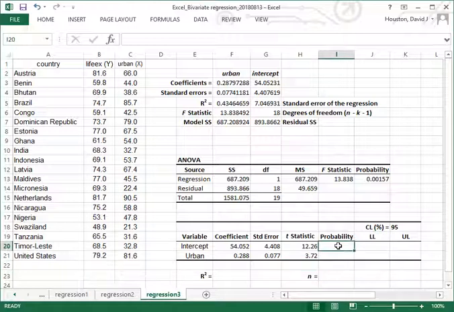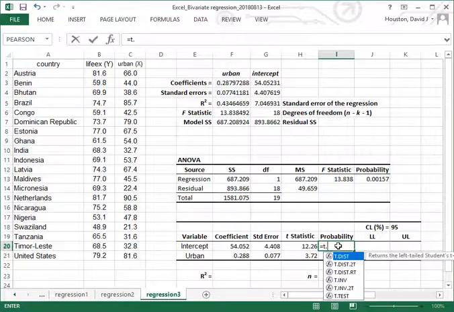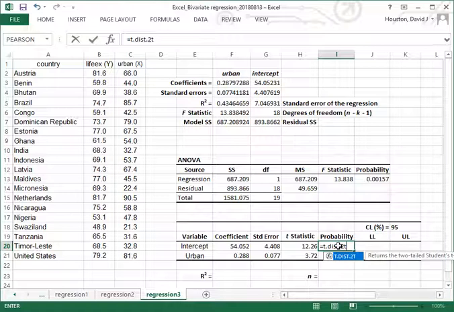Now as far as the probability value, we'll use another Excel function here. That's going to be equal to t.dist.2t, and this is the t distribution for two-tailed. We're employing two-tailed hypothesis testing here, which is standard in regression output of stat packages.